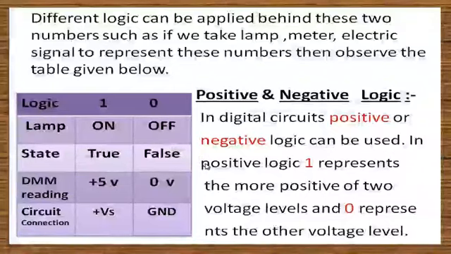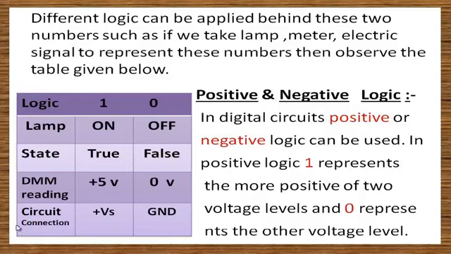Different logic can be applied behind these two numbers, such as if we take a lamp, meter, or electric signal to represent these numbers. Observe the table given below. Students, you have to remember all these different logic representations, but all the meanings are the same.